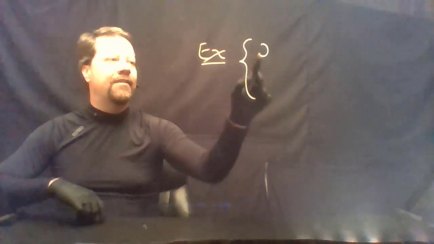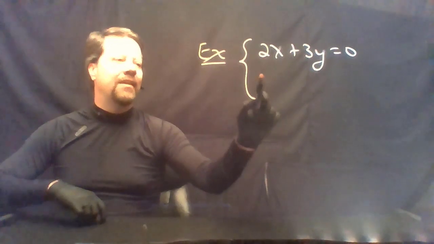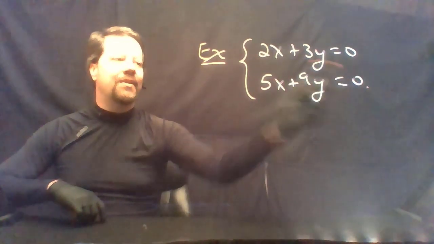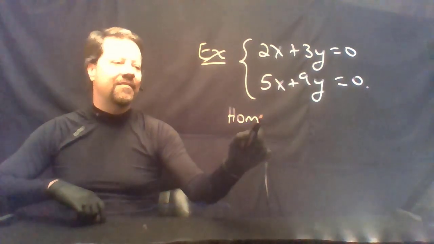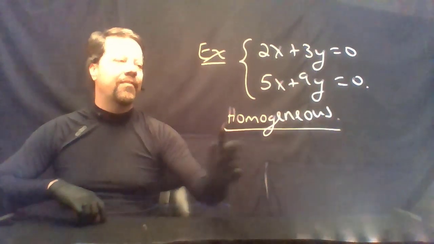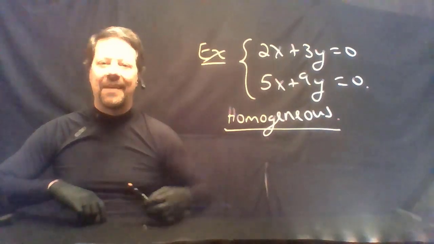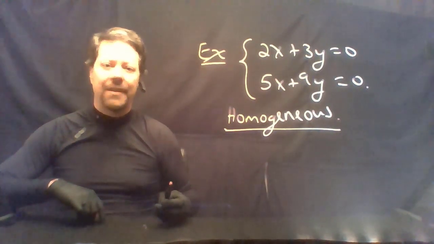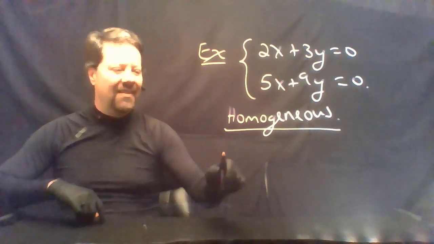If we have 2x plus 3y equals 0, 5x plus 9y equals 0, this is homogeneous. Why? It's a linear system, and all of the right-hand sides are 0. It doesn't take very much imagination to figure out at least one solution to every homogeneous system.